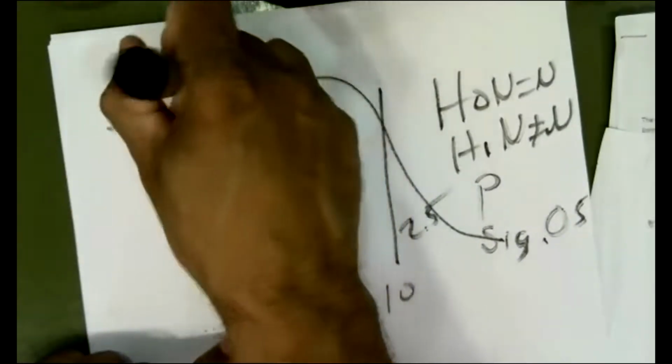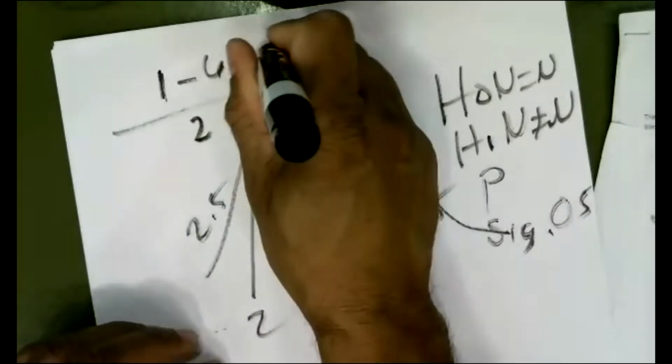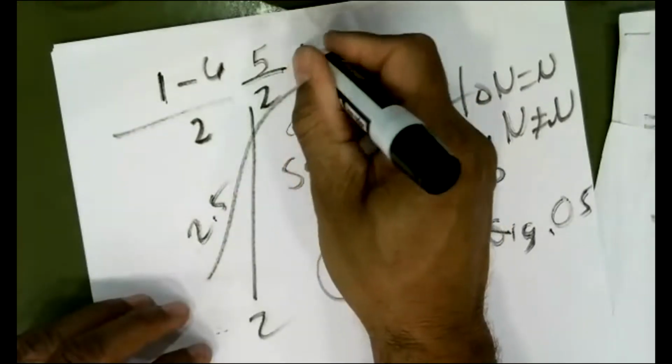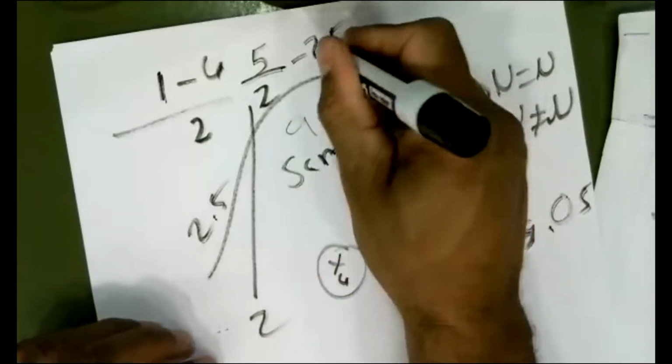We know that our mean is 6 and our standard deviation is 2. That's 5 over 2, which gives me what? A negative 2.5 standard deviations below the mean.